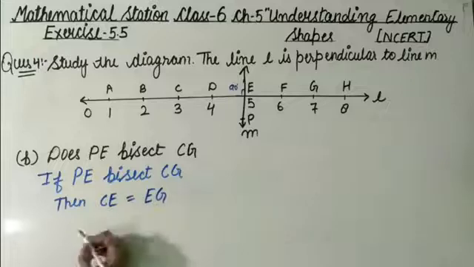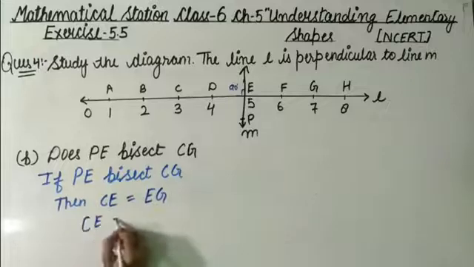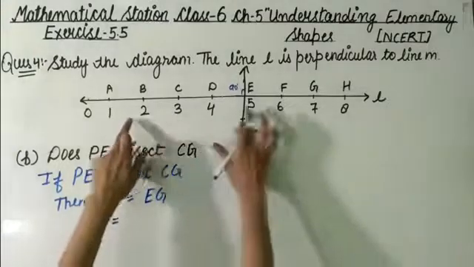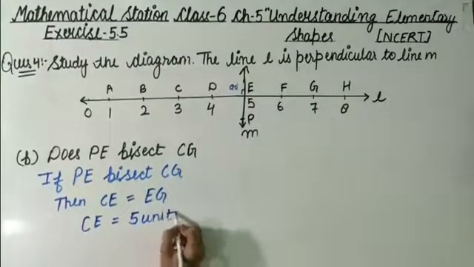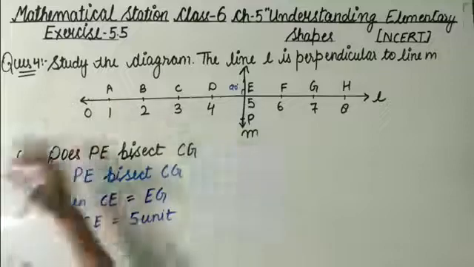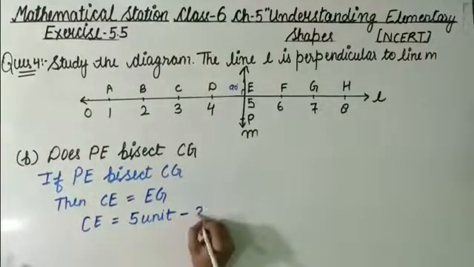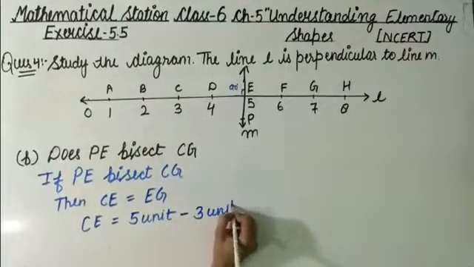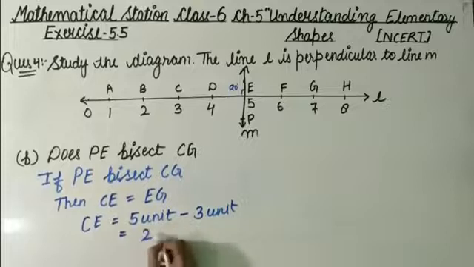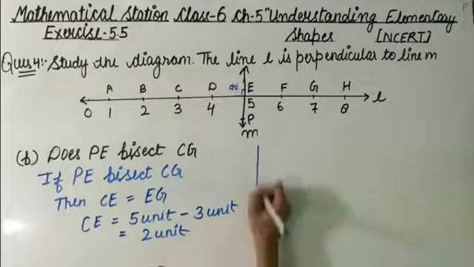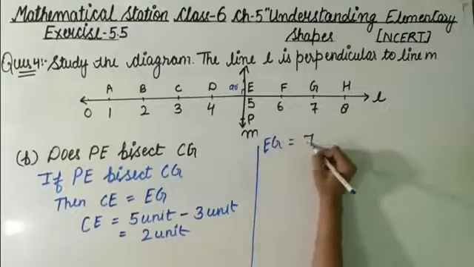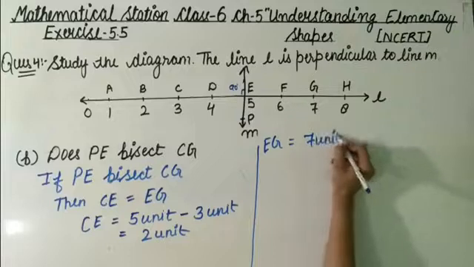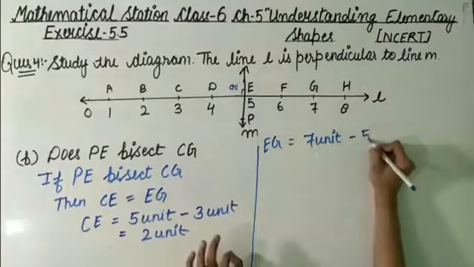Now student, CE equals: on point E there is 5 unit and on point C there is 3 unit. So 5 unit minus 3 unit will be 2 unit. Means the length of CE is equal to 2 unit. Now we will find the length of EG. On point G there is 7 unit.